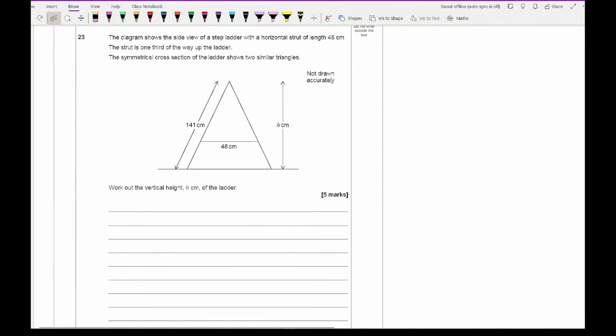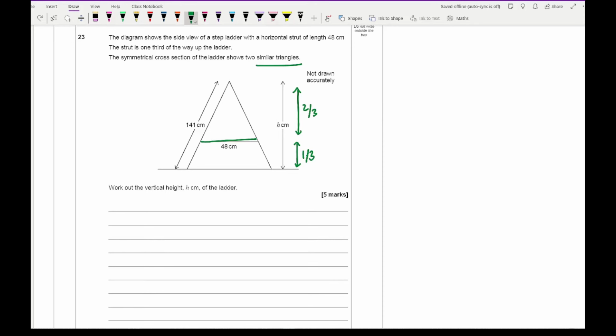Then moving on to question 23, it says the diagram shows the side view of a step ladder with a horizontal strut of length 48 centimeters. The strut is 1/3 of the way up from the ladder, so this is 1/3, this is 2/3, and the symmetrical cross section of the ladder shows 2 similar triangles. Again, we're looking at similar triangles.